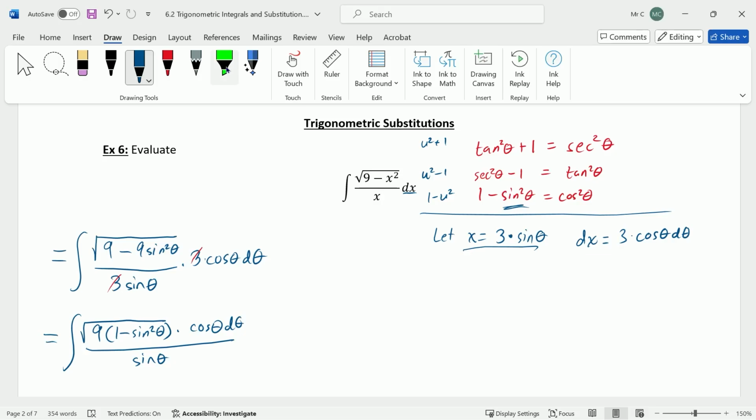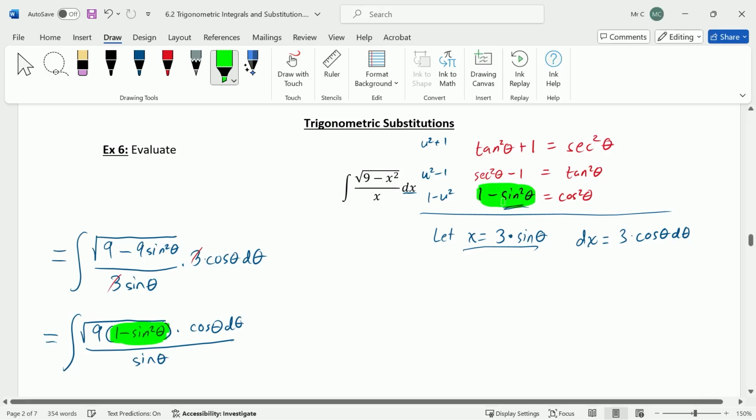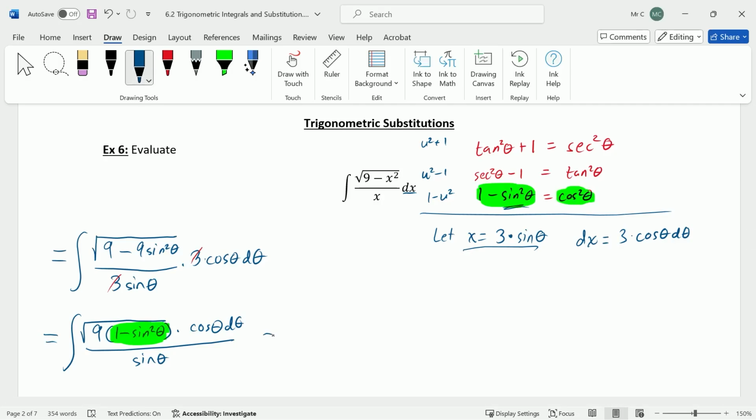And now this was the whole point, was getting this into the form where I had this 1 minus sine squared of theta, so I can replace it with just cosine squared of theta, and then I have a product in my square root instead of a difference. And that's going to let me just evaluate the square root nice and easy.